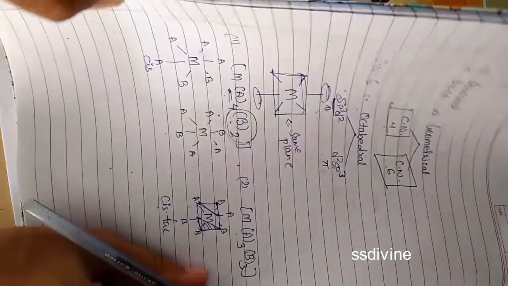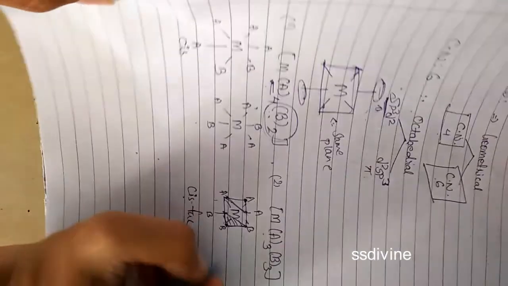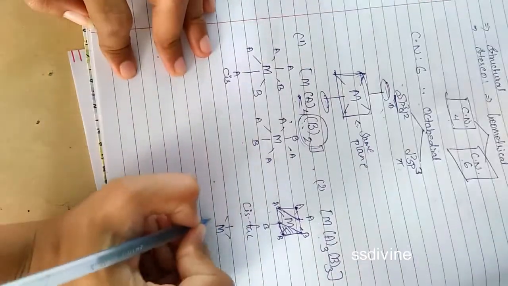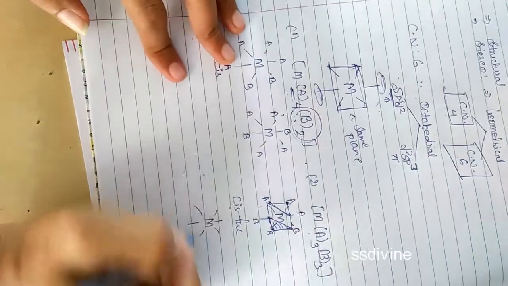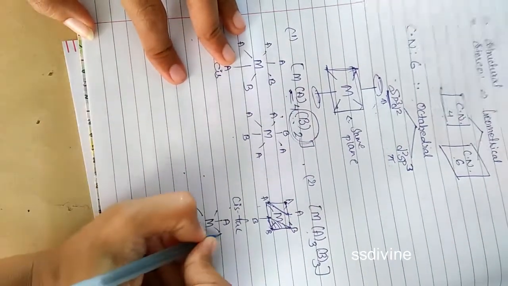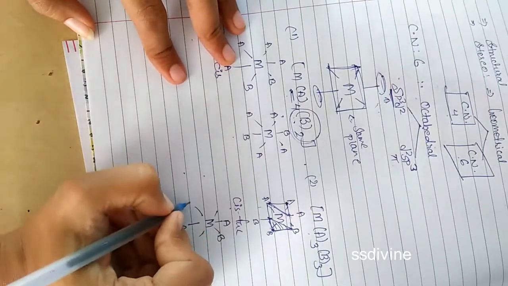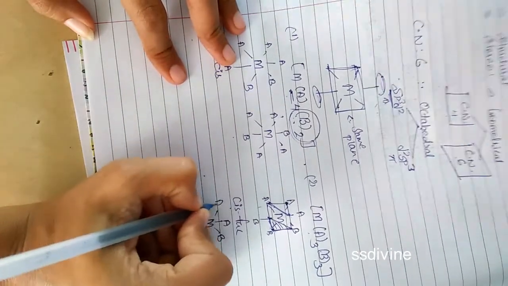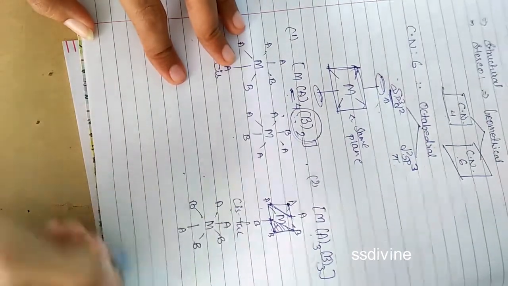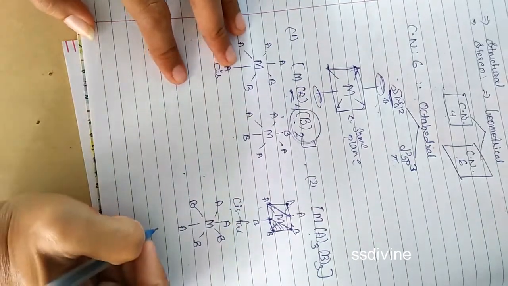And when you talk about the isomerism of this, you can make it like this: this is a central metal atom, and by keeping opposite on this A, B, again A, and here you will find B, right? 3 A's and 3 B's.